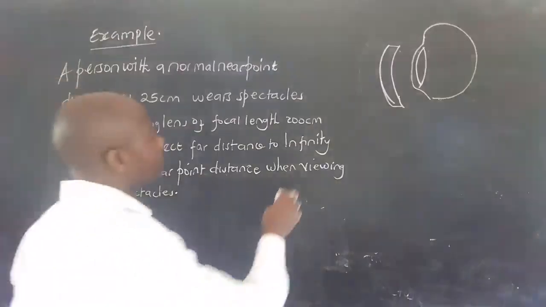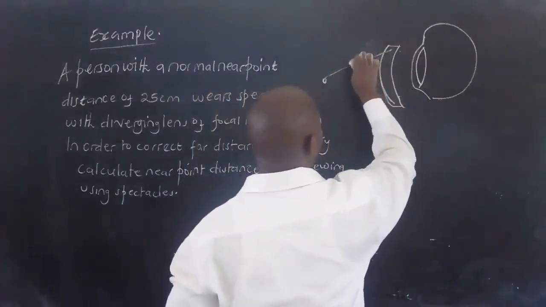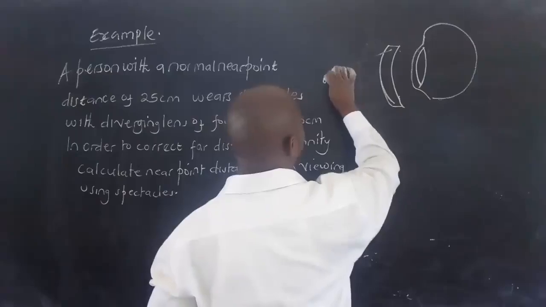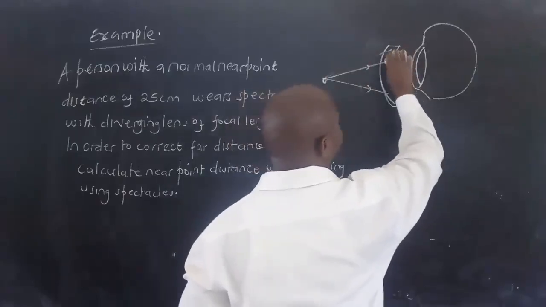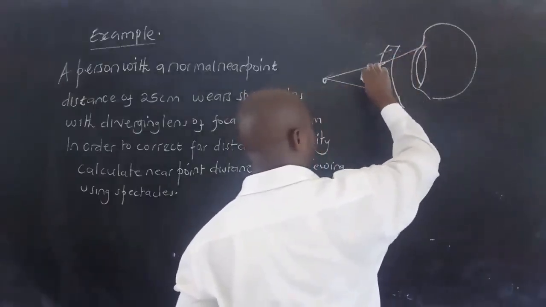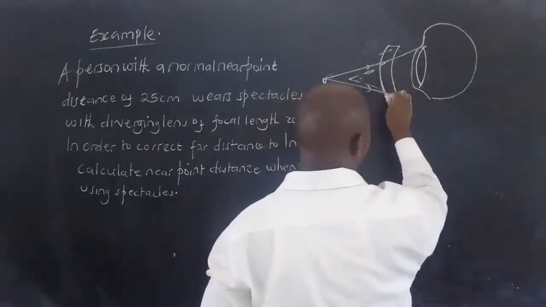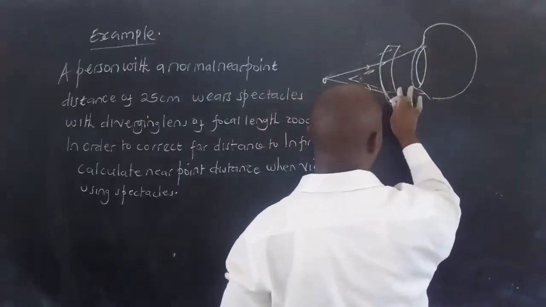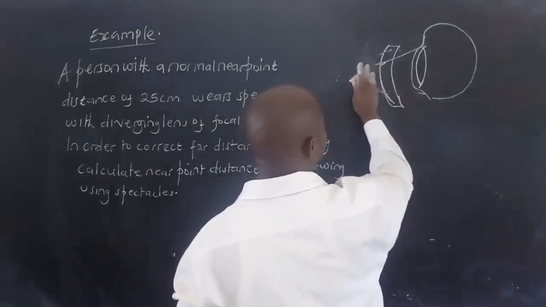So let me say now the object is here. This one diverges like this, so it appears to come here.